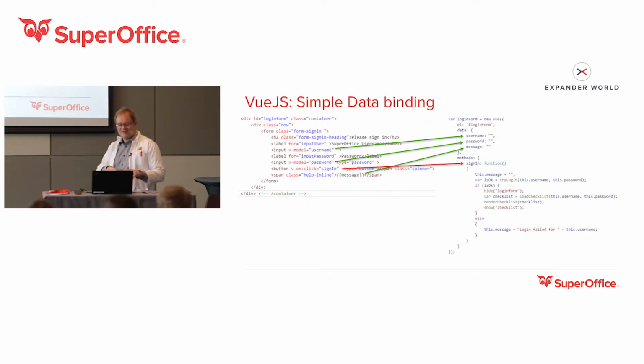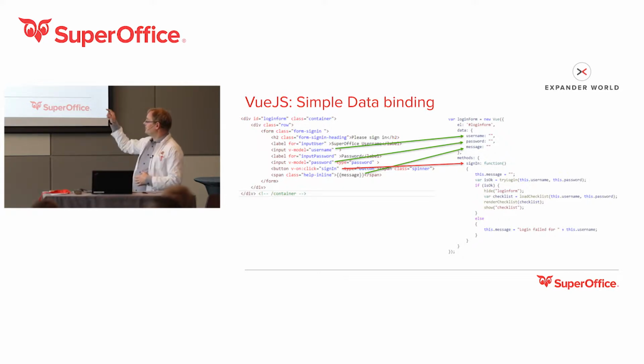So if you type something into the input field where it says v-model username, it'll update the JavaScript value there automatically. And vice versa, if your code changes the username field, it'll go, oh, I should update the user interface for you. So it does all that stuff magically.